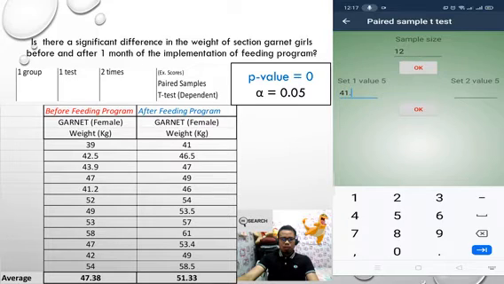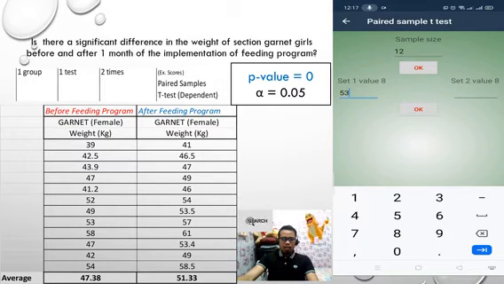We have 41.2 to 46 kilograms. Another is 52. After 1 month, she became 54 kilograms. Next is 49 kilograms, and from 49, she weighed 53.5 after 1 month of feeding program.